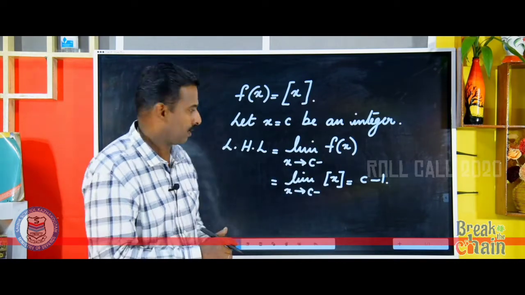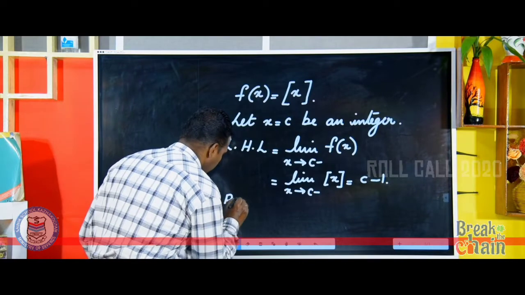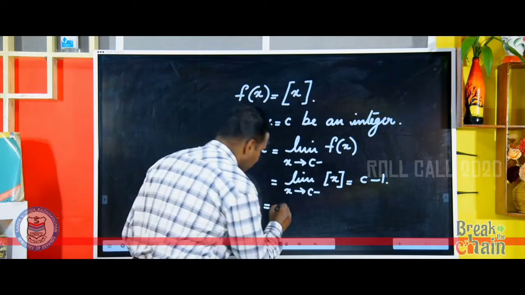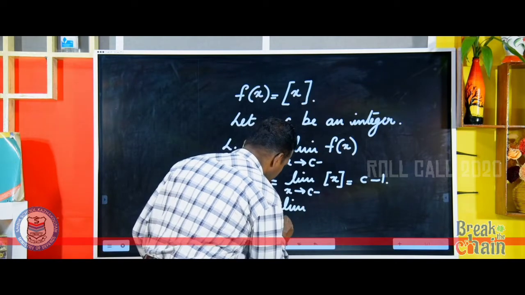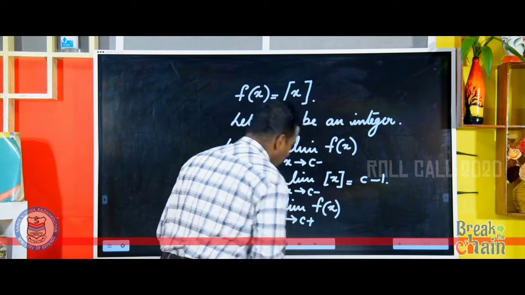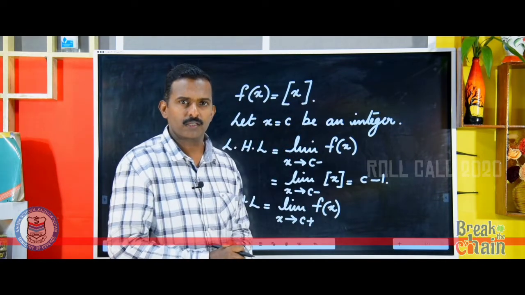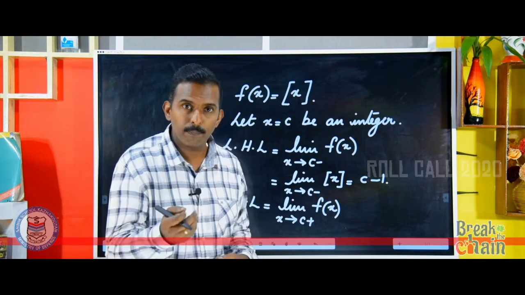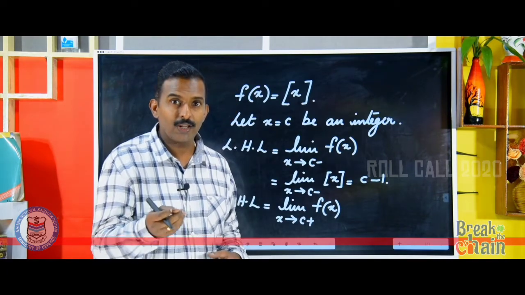On the other hand, RHL: limit x tends to c plus of f of x. You again take an example. C is 3, 3 plus, the greatest integer value is 3.